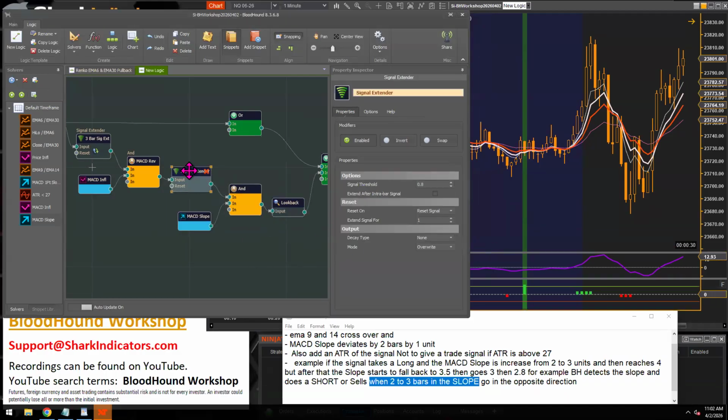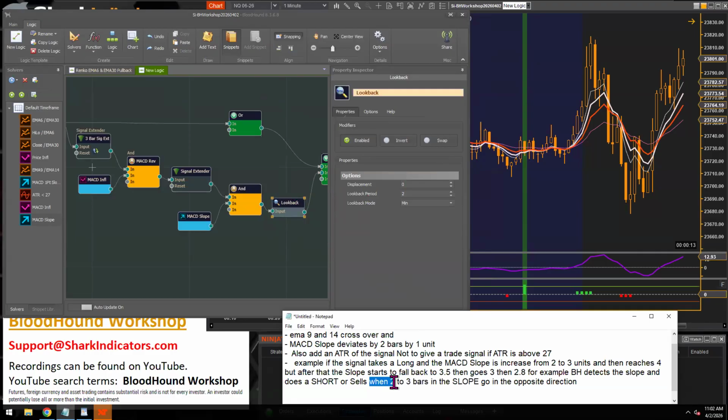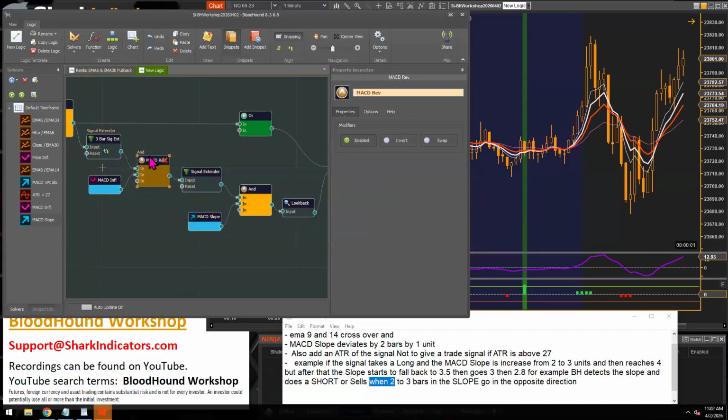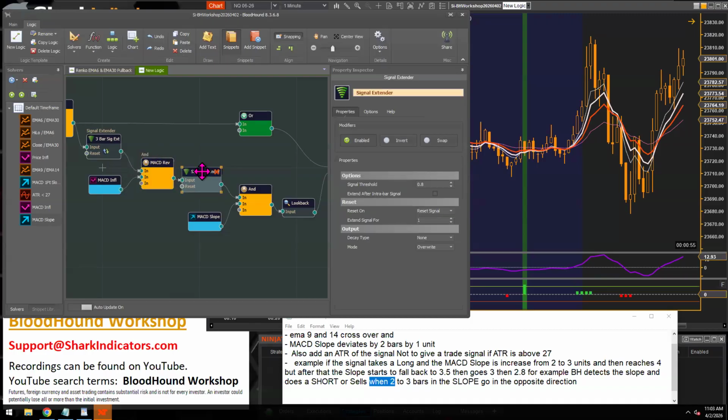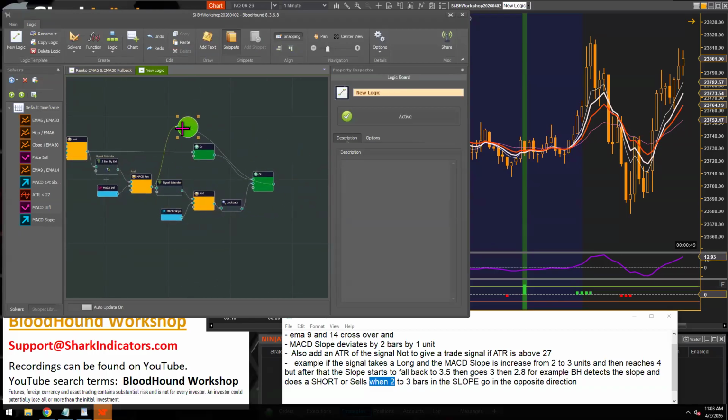So with the look back period, right now it is set to 2. That means we're only doing the 2 bar requirement there. Therefore the signal extender only needs to extend by 1 bar, because remember, what's coming out of the AND node is 1 bar, and then the signal extender provides the 2nd bar. To see that, let's connect that up.